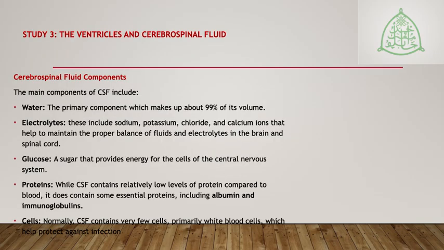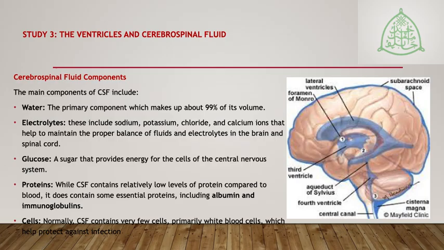So next, the components of the cerebrospinal fluid are water, electrolytes, glucose, protein, and it also tends to have cells moving inside, mostly white blood cells. The cerebrospinal fluid is important because we can sample it, and we can do subarachnoid sampling to check for several conditions, to check for neurological diseases, because you cannot take blood from the brain.